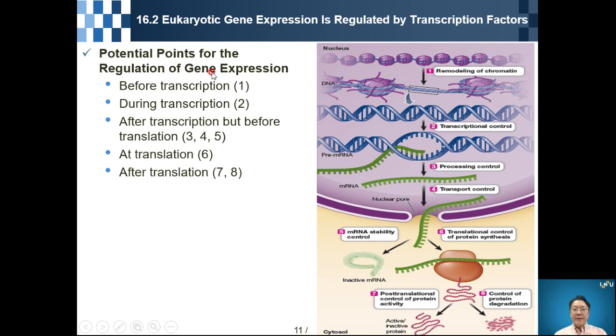We can regulate gene expression before transcription, during transcription, and after transcription but before translation. Also we can regulate gene expression at translation and after translation. We will see some details in the next slide.